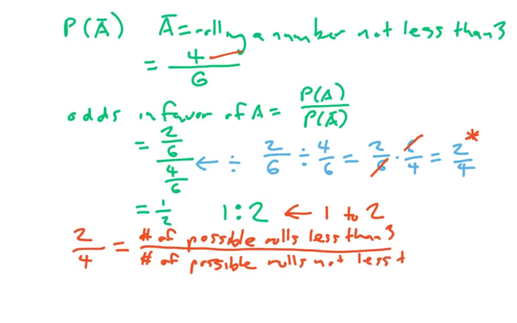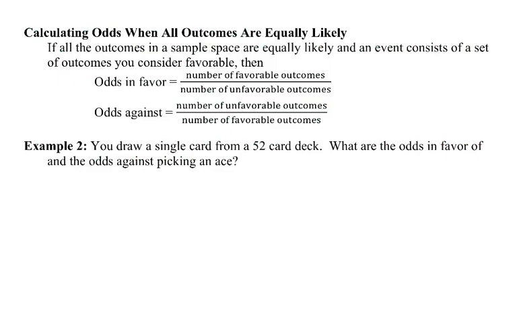That is going to inspire for us really a far more simple way of looking at odds. That the odds in favor of an event are basically the number of outcomes that you do want divided by the number of outcomes that you don't want. Now that actually is dependent on having all the outcomes in the sample space equally likely. So that's very, very important.